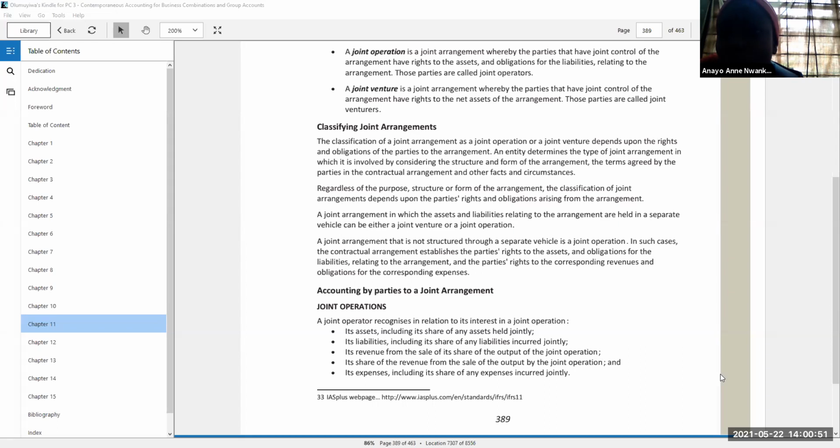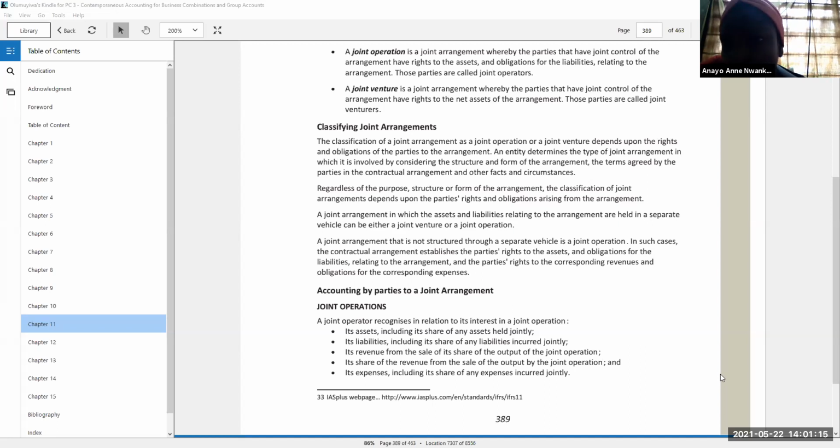Accounting by parties to a joint arrangement. Joint operations. A joint operator recognizes in relation to its interest in a joint operation: first, its assets, including its share of any asset held jointly. Second, its liabilities, including its share of liabilities incurred jointly.